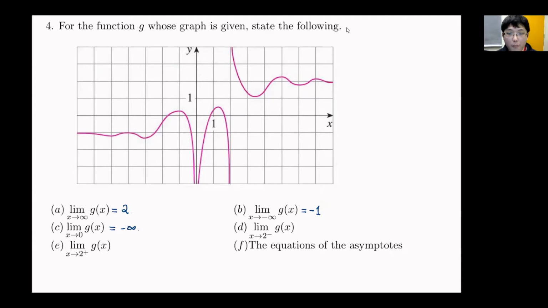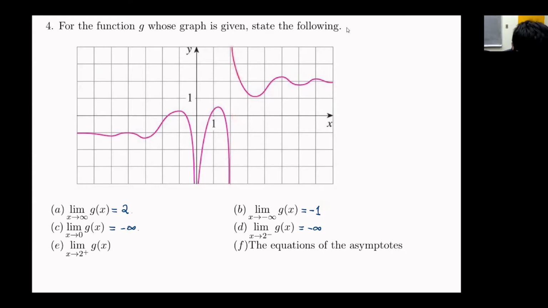Okay, for part D, if x is approaching 2 from the left, you see that the graph is shooting down to -infinity. So you see that the left-hand limit at the point 2 is -infinity. On the other hand, if x is approaching 2 from the right, you see that the function shoots up to positive infinity.